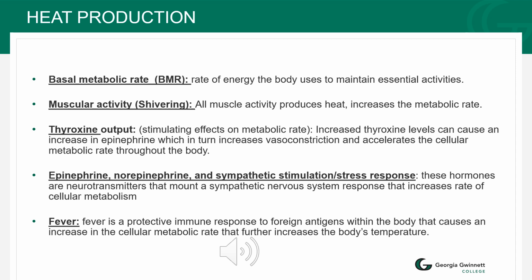Thyroxine output: when the thyroxine level increases, it will cause an increase in the release of epinephrine, which in turn increases vasoconstriction, which is when the vessels narrow, and it can either block flow or less blood flow gets through. And this process accelerates cellular metabolic rate throughout the body, producing heat.